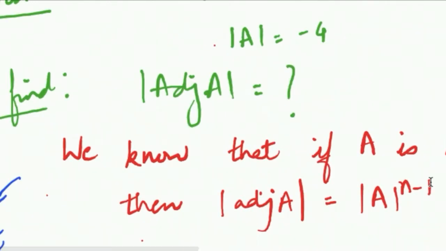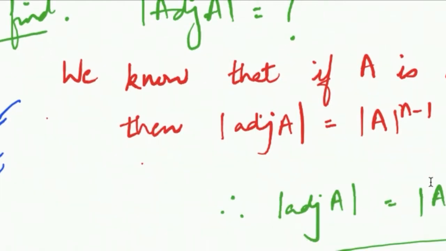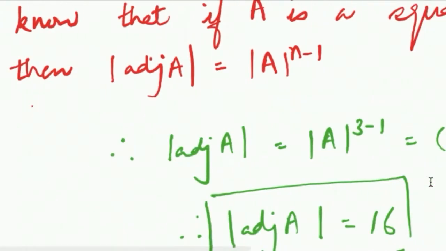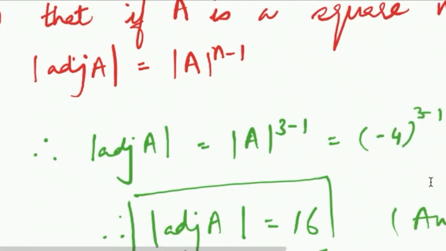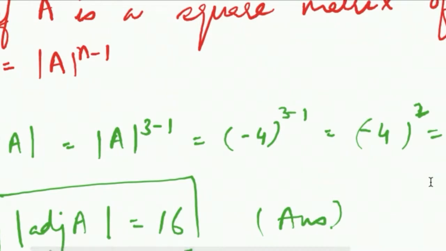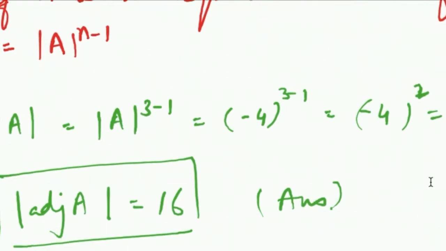This is a very important fact and you have to remember this. Here, what order is given? The order of the matrix is 3. So 3 minus 1, and you will get -4 raised to power 3 minus 1, which is -4 square, which is equal to 16. So the determinant of adjoint A is 16.